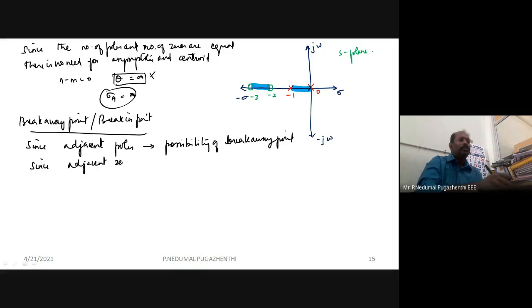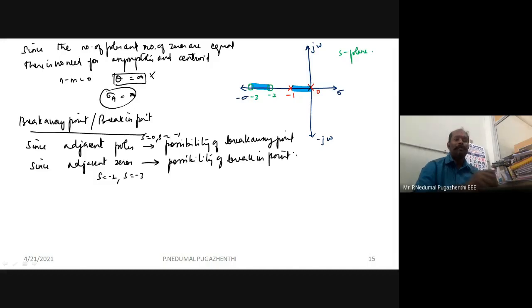What are adjacent poles? Adjacent poles are s is equal to 0 and s is equal to minus 1. In the same way, adjacent zeros, s is equal to minus 2 and s is equal to minus 3, give a possibility of a break-in point. So, how to find that?